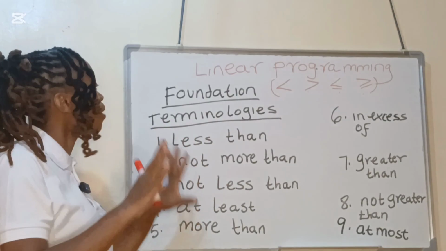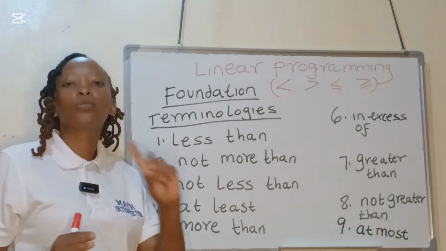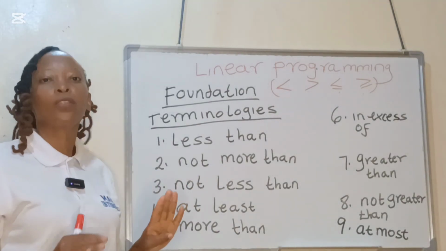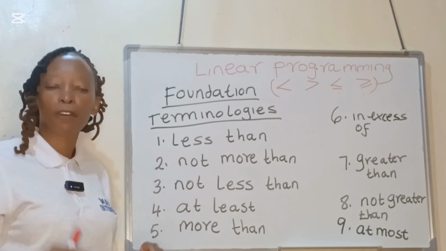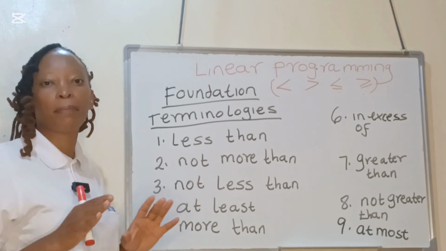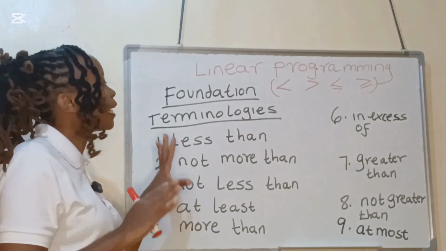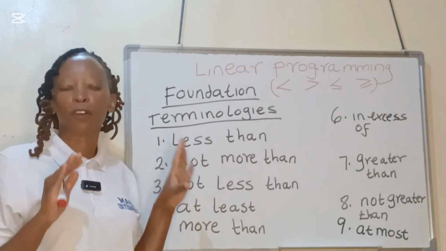And as you are forming inequalities, you are going to use those four symbols or signs. So if you don't know the foundation, just go back to primary school and learn the linear inequality foundation.